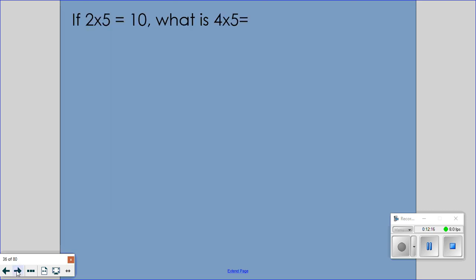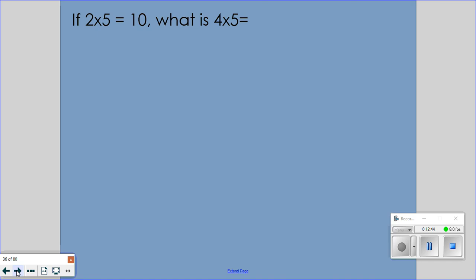If 2 times 5 equals 10, what is 4 times 5? Use what Heidi and Rylan and Carl just explained to us. Sit up, Jalen. Macklin? 20. How'd you figure that out so fast?